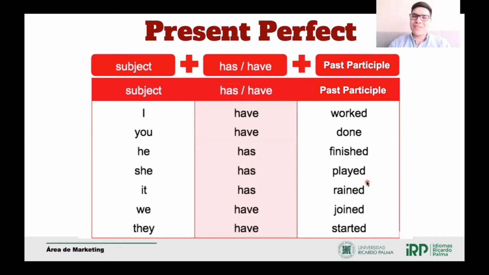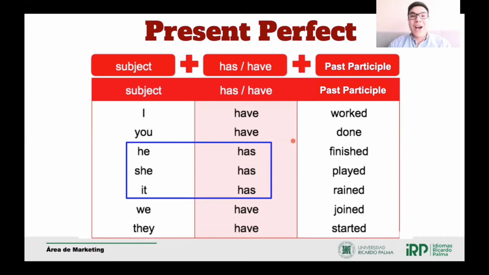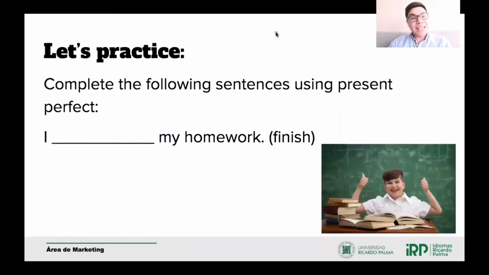So very good. Now, look at this. Every time we have he, she, or it, we are going to use has. If we have the word I, you, we, or they, we are going to use have. Okay? Very good.